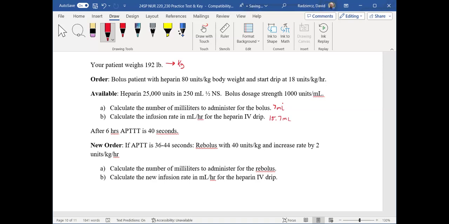But instead of 80 units, now we're just going to use 40 units. And then to increase the rate, increase by 2. So go ahead and try that. You're going to use the same 192-pound patient, the same available 25,000 units, 250 milliliters, half normal saline, and the same bolus dosage strength. And let's see what you get.